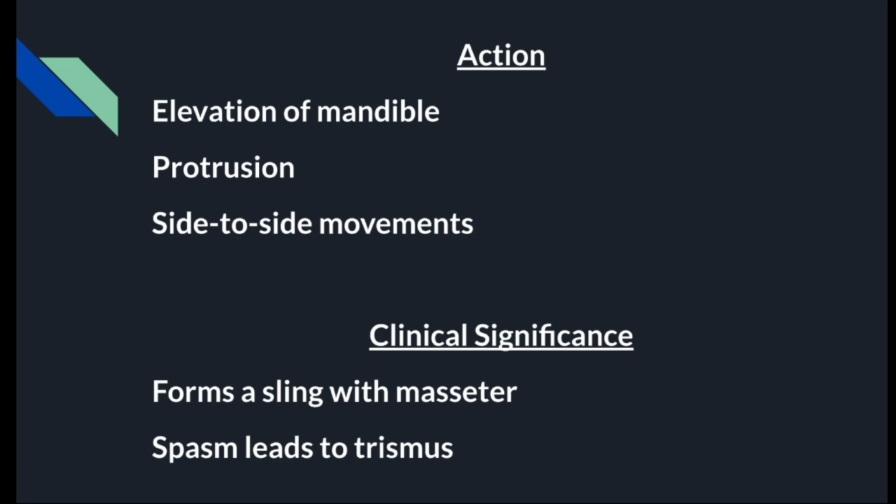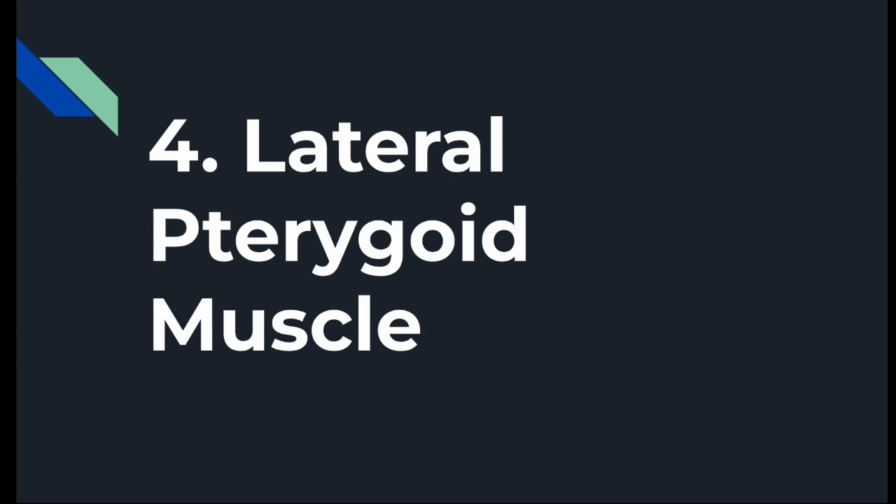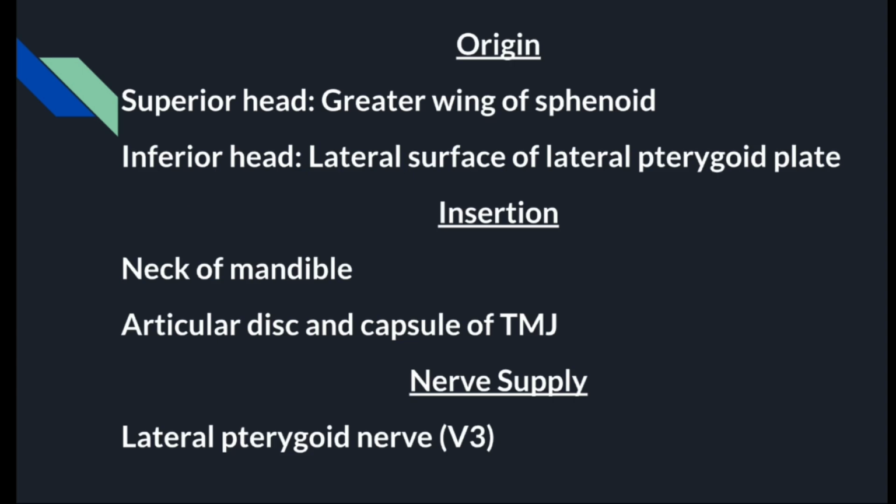Next is the lateral pterygoid muscle. Origin: the superficial head is from the greater wing of sphenoid, and the inferior head is from the lateral surface of the lateral pterygoid plate. Insertion is the neck of the mandible, articular disc and capsule of the TMJ.